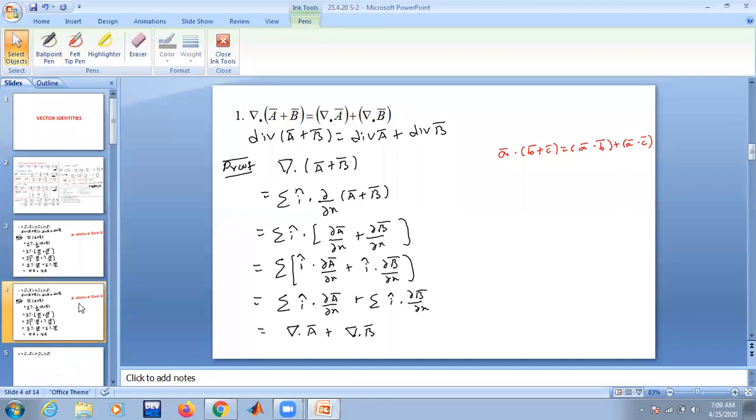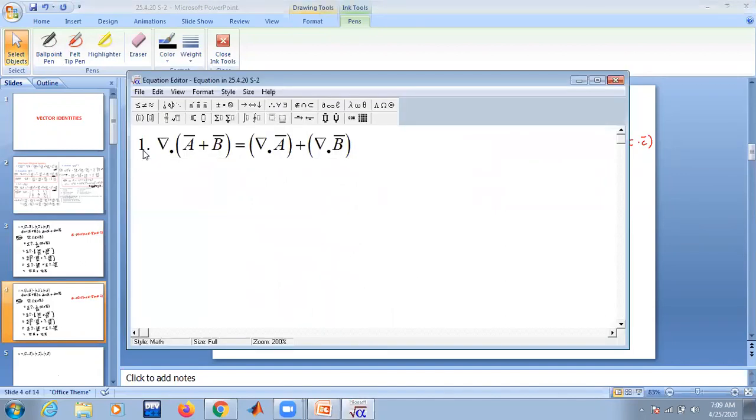So if I want to show this one, what does the result say? Instead of divergence, you are having a curl, right?